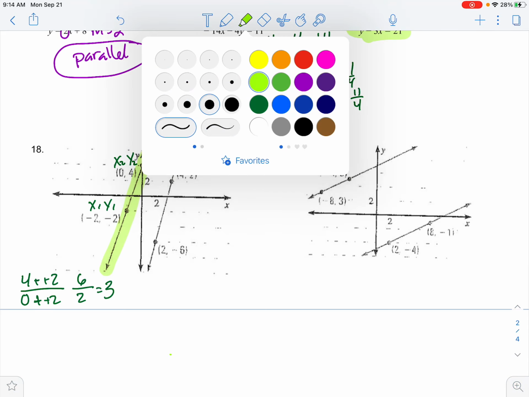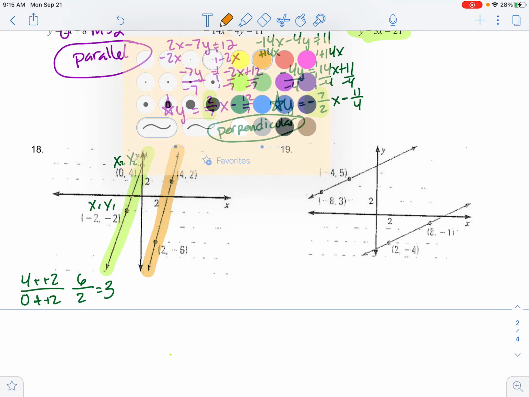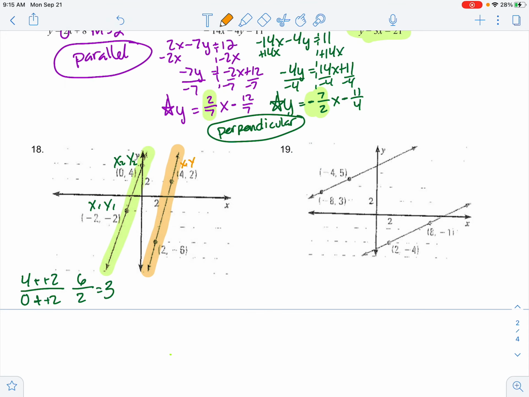There's that equation. Now for my other line, I'm going to make it orange. We need to find the slope. So I have x1, y1, x2, y2.